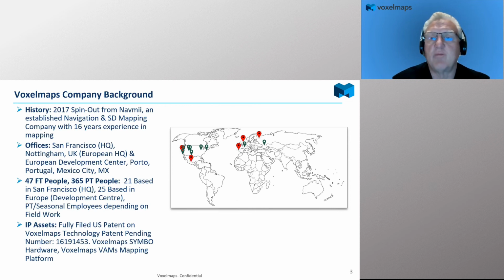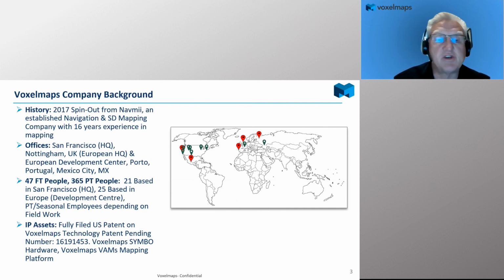Our European HQ is out of Nottingham, England. We also have a European Development Center out of St. Petersburg in Russia, and opened up just recently a new office in Porto, Portugal, for some of the project management stuff. And then we have a team in Mexico City that we just brought in as well to do some additional development.